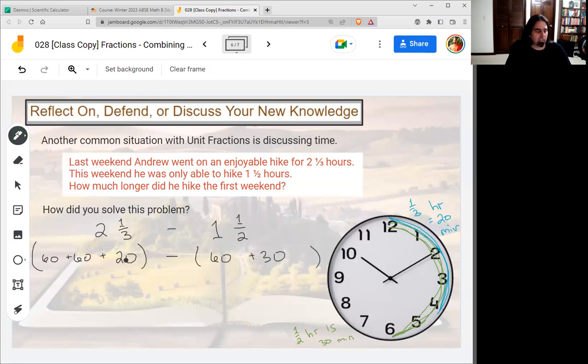So 60 and 60 and 20, that's 140. Nothing wrong with using a calculator if you need to. 60 and 30 is 90. So 140 minus 90, 14 minus 9, so 50 minutes.